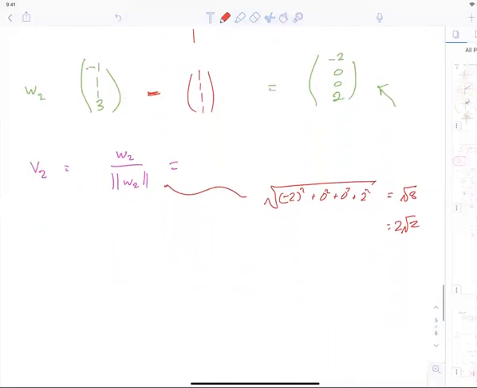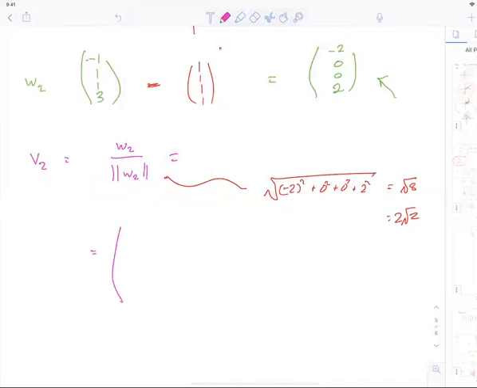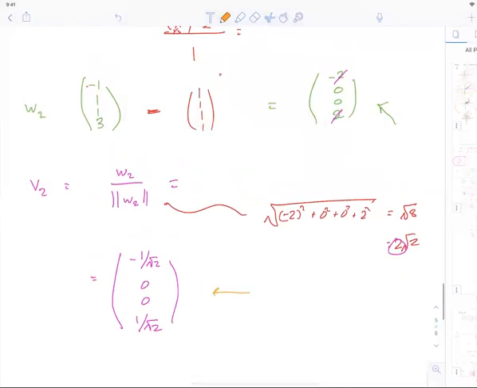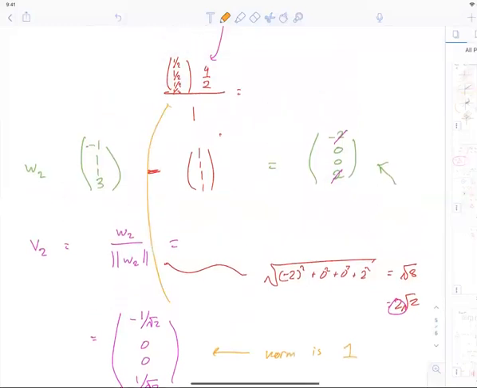When we divide by that, we end up with minus 1 over square root of 2, 0, 0, 1 over square root of 2. The 2 is going to cancel, and you're just left with square root of 2 in the denominator. So that's our second vector. All right, so far, so good. One thing that's pretty cool is you may notice the norm of this is 1. You can check that out. But also, this is orthogonal to the previous vector.